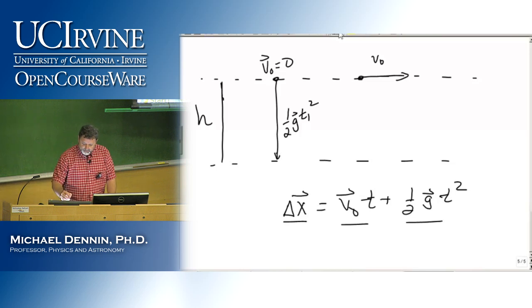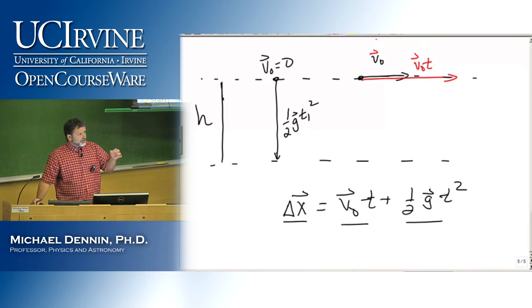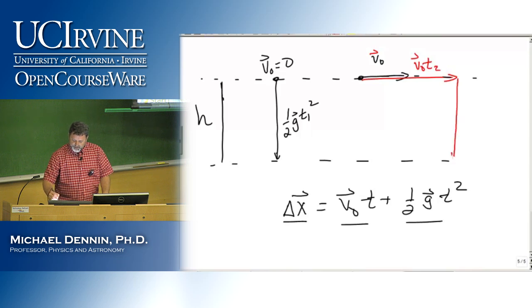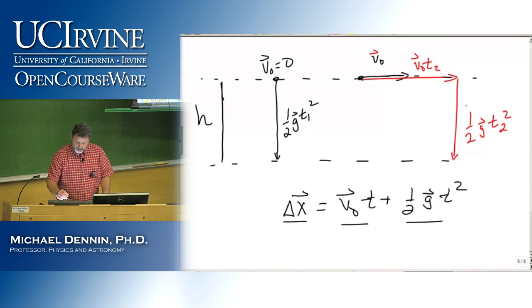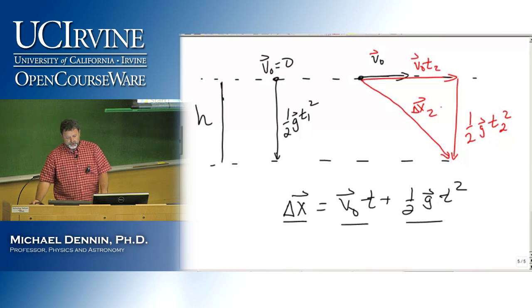This one over here has v naught t. Notice t can't do anything to the direction of v naught. It just makes it longer. And this is t2. And it has 1/2 g t2 squared. And this is delta x for that ball, ball number 2.